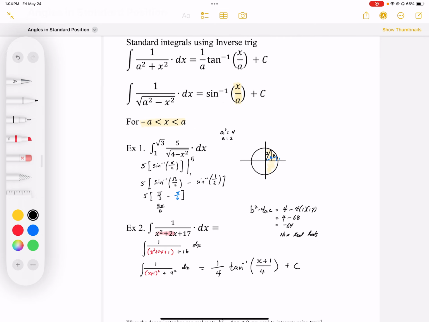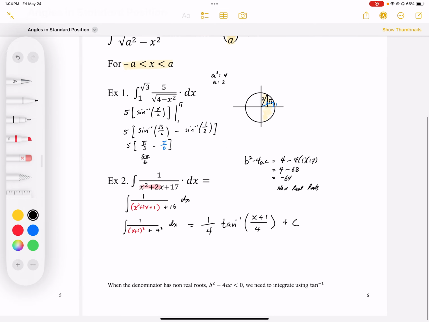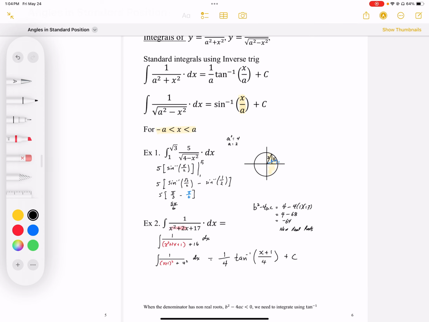So there it is. We have anti-differentiated that expression. And the key is, with these quadratics in the denominator, if they have non-real roots, we can rearrange them so that we have a perfect square part plus another square in the denominator, which then we can apply the arctan formula for.